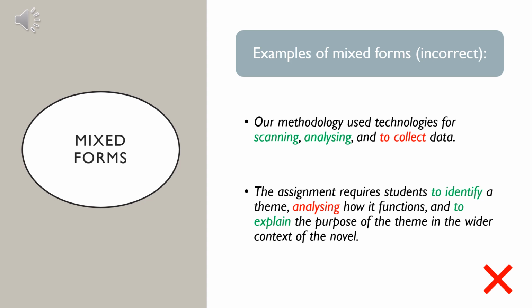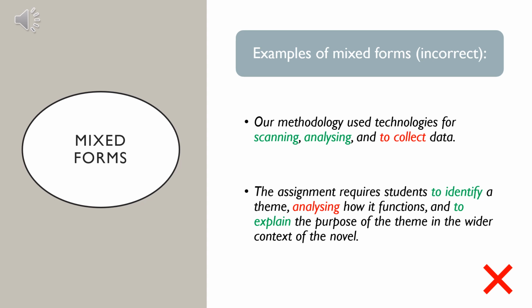In the first sentence, scanning and analyzing are both present participles. They're verbs in action. To collect, on the other hand, is a verb infinitive, and it doesn't follow the same pattern. Scanning, analyzing, and to collect. Rhythmically, this doesn't quite work.